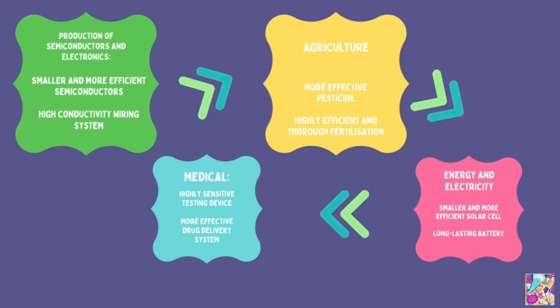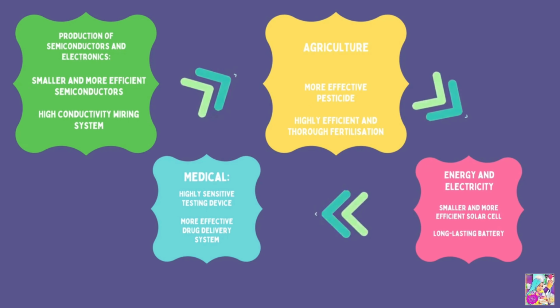Then the production of semiconductors and electronics, where this technology is used, because of smaller and more efficient semiconductors and high conductivity wiring systems. We use it in medicine because of highly sensitive testing devices and more effective drug delivery systems.